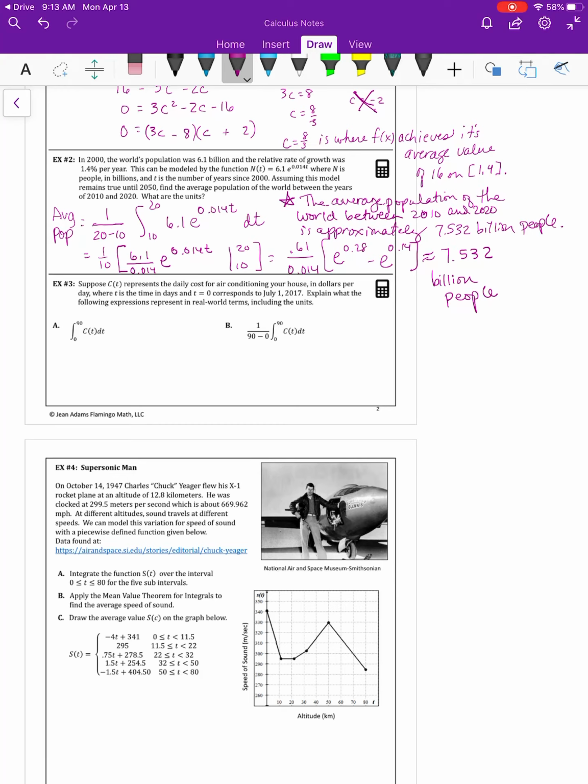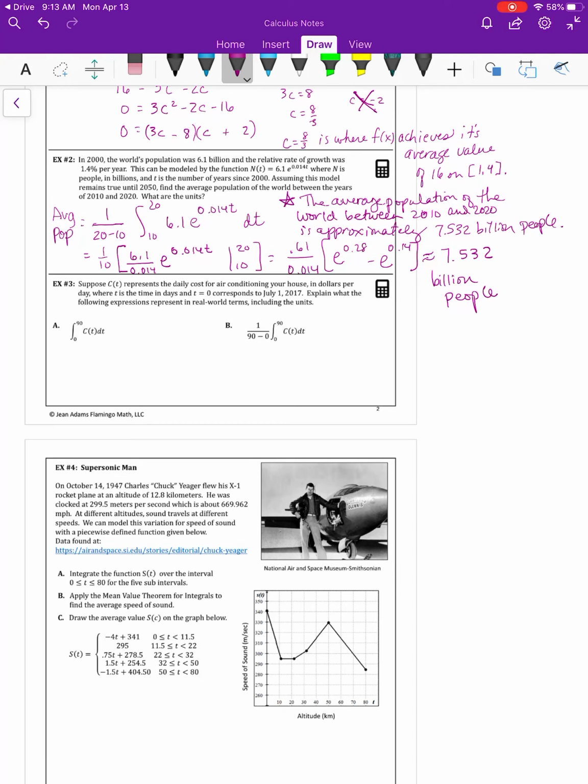All right, and then look at the letter B. Now you can see this is going to be the average for those 90 days. So this is going to be, oh, you know what, I forgot to write in here, in dollars, sorry.